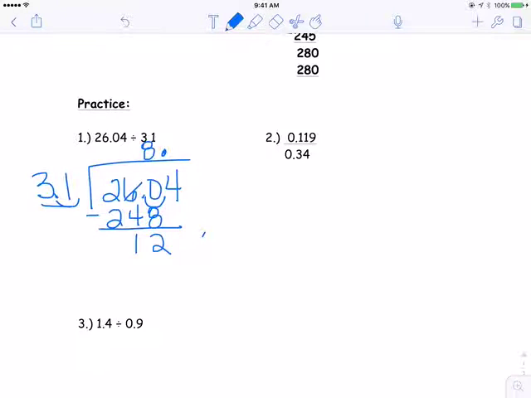If you need to see the borrowing, I will show you. Then I bring down the 4. 31 goes into 124 4 times. So my answer is 8.4, or 8 and 4/10.